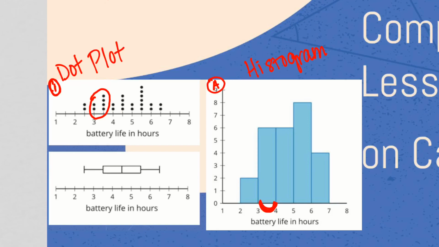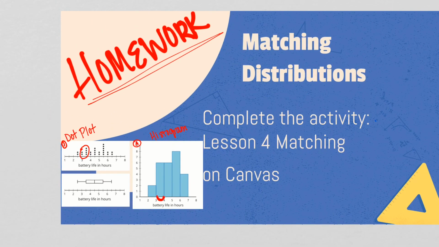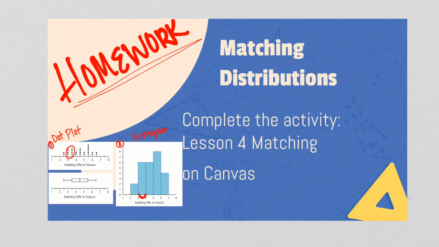So you just need to find the histogram that matches the dot plot on the left. Okay? It has 5 questions. You will either be doing the odds or the evens. So there's a total of 10. There's 10 dot plots. You will be given odds or evens to complete.